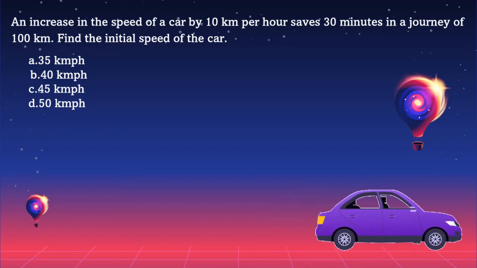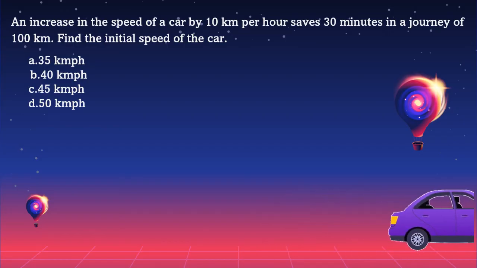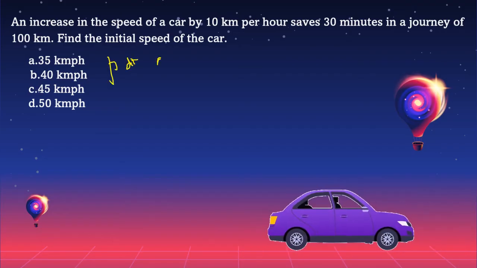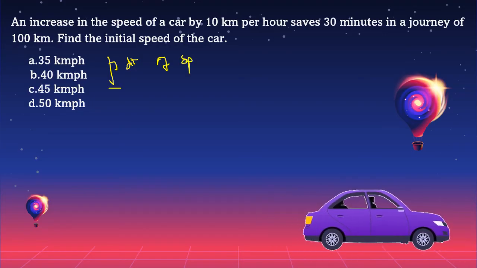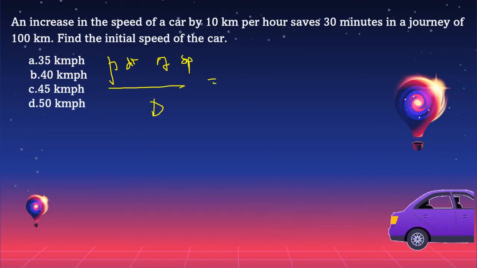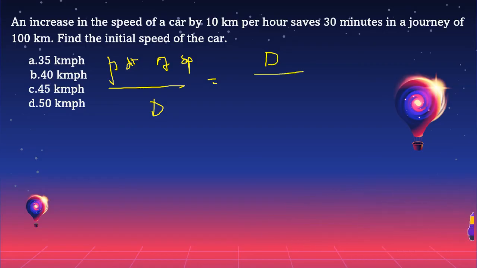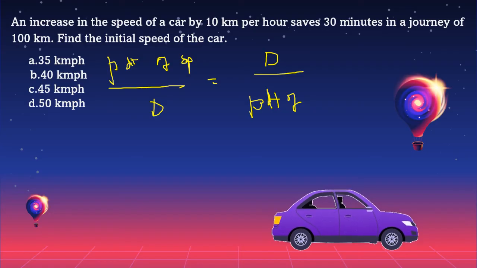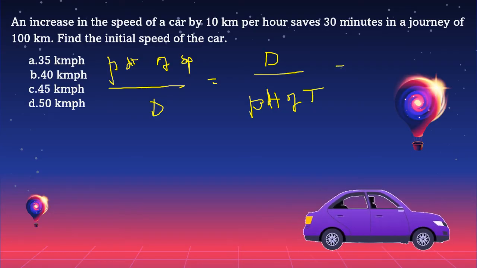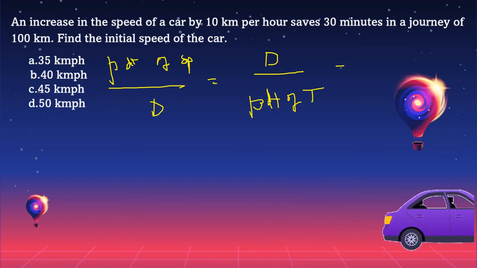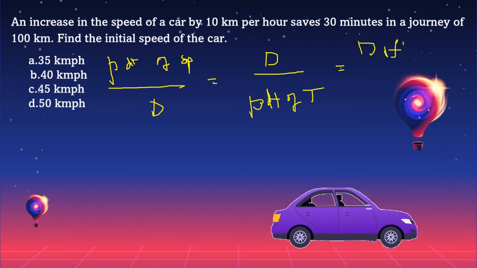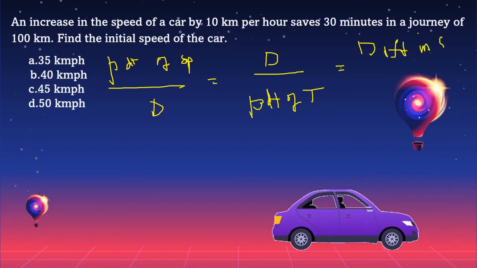Whenever it is the same distance, I go for this concept. This concept says the product of speed divided by distance will be equal to distance divided by the product of time, which is again equal to the difference in speed divided by the difference in time.